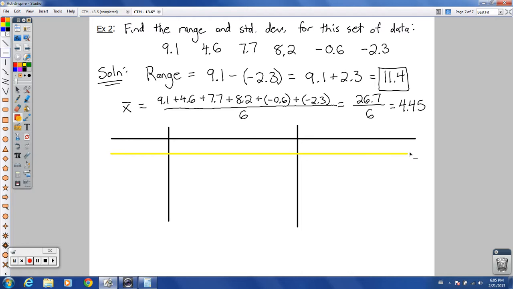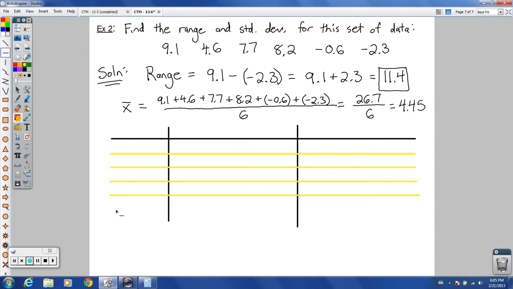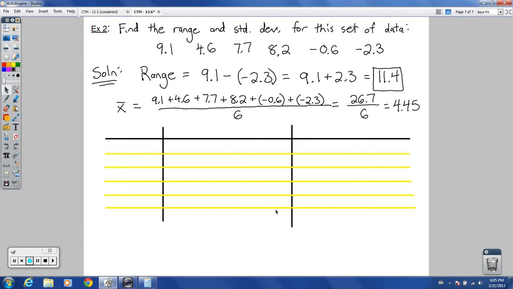I'm going to have 6 pieces of data, so I'm going to need to make sure I have 6 spaces for this. 1, 2, 3 spaces, 4, 5, and then I've got the 6 underneath that. Okay, let's move that up a skosh. And here is my data values. Here's the data minus the mean. And then here's the data minus the mean squared.